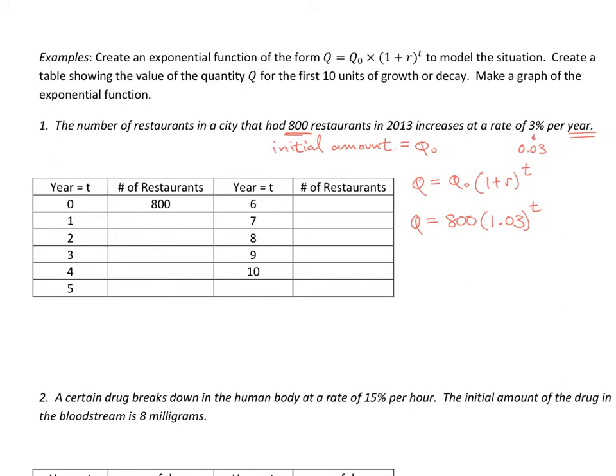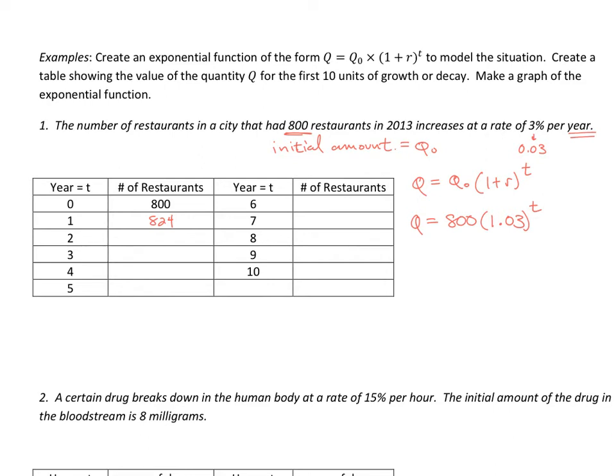So if we want to figure out how many restaurants were in the city after 1 year, we can replace t with 1. And with that, you'll be able to see there are 824 restaurants in the city. And we can continue doing this. We want to find out how many restaurants were in the city after 2 years.